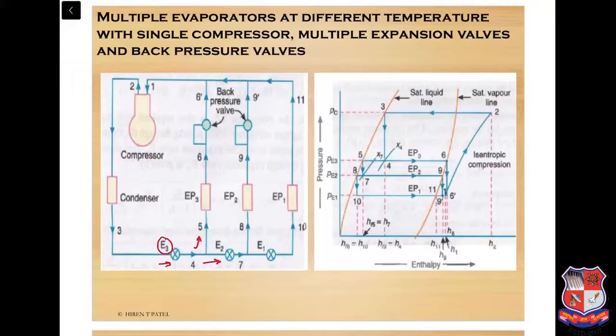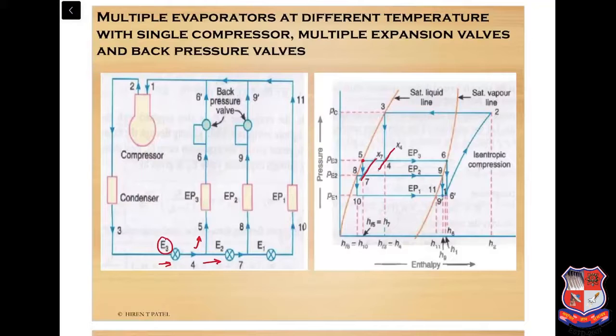So every time the refrigerant passes through the expansion valve, it goes to saturated liquid, and after each expansion it has some dryness fraction, that is given here, x4, x7.